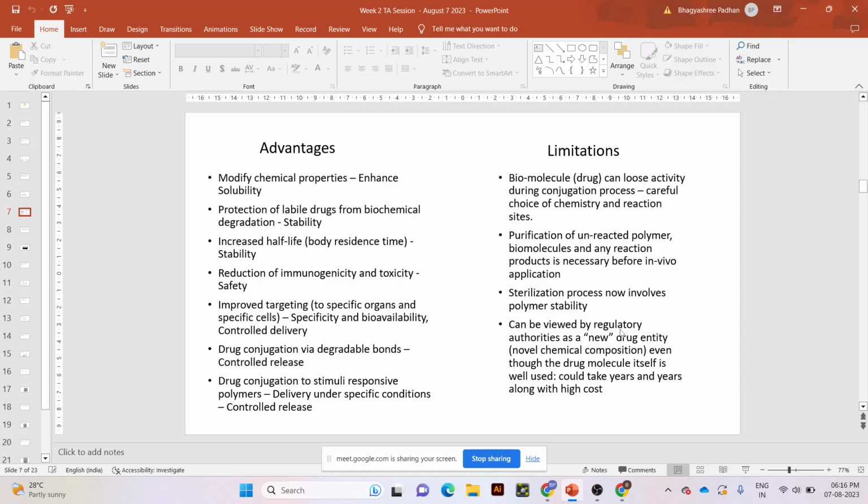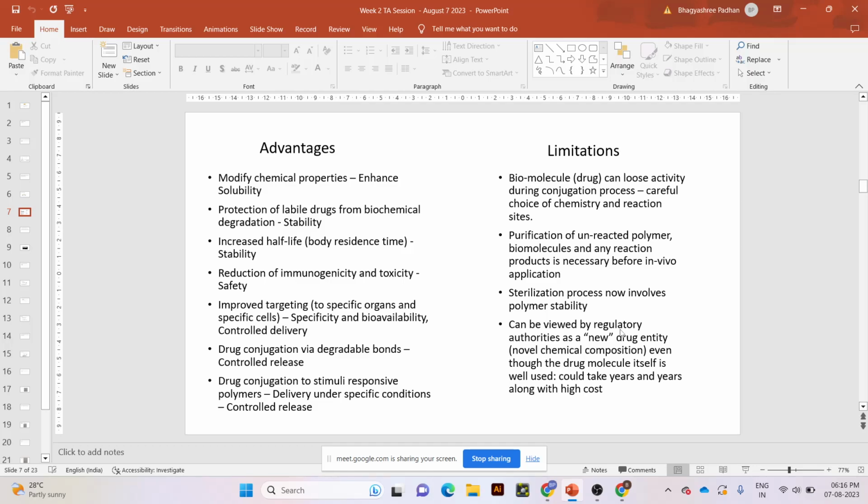So this is a controlled release, and it can be stimuli responsive delivery under specific conditions. For example, if we make the link enzyme specific, then based on the presence of enzymes in that particular area, the amount of drug will be released.